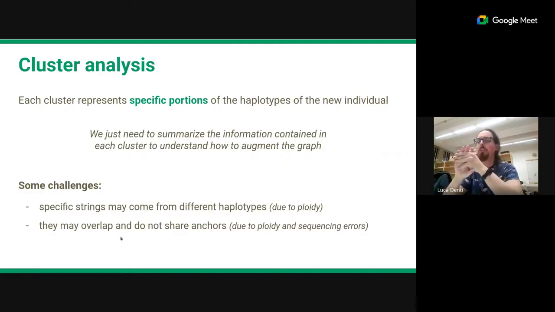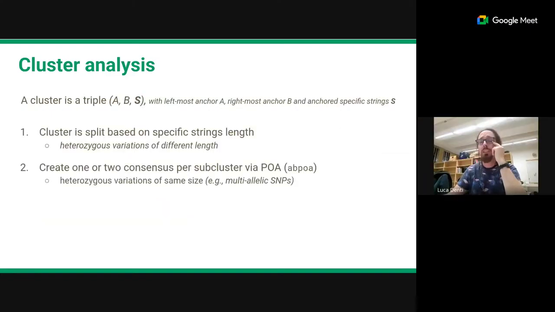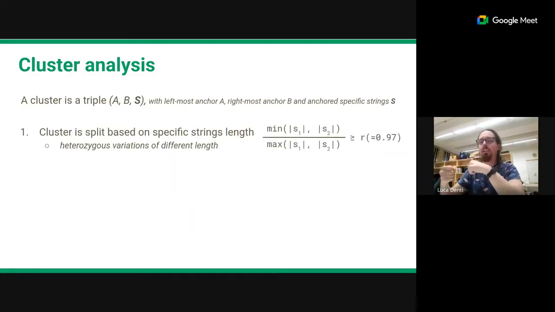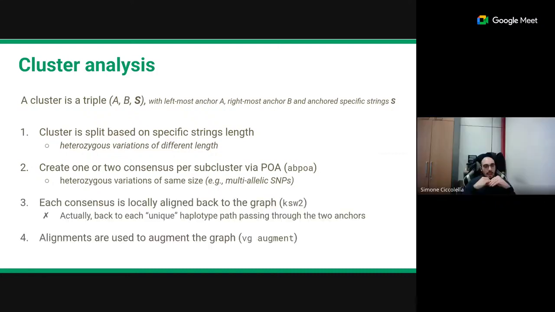What I'm doing is I try to extend them even more in order to make them start and end with the same anchors, and it doesn't seem to affect the results that much. And then there are all these heuristics that try to clean the cluster somehow, in order to understand which portion of the cluster should be considered to then create the consensus and then augment the graph.